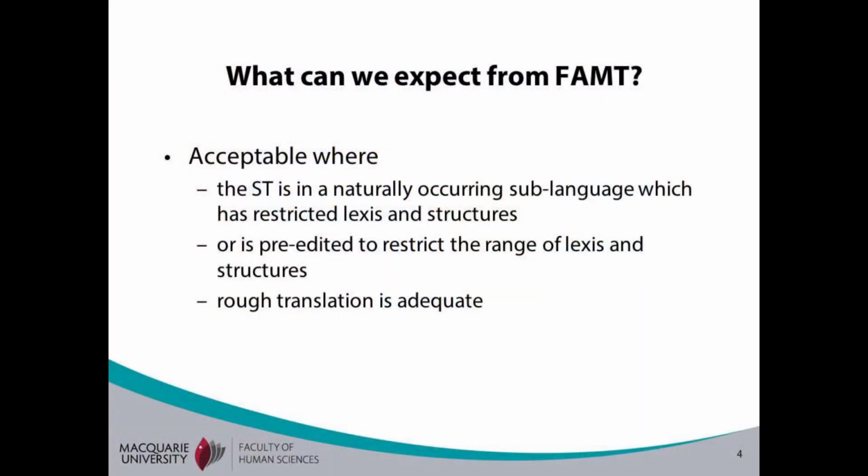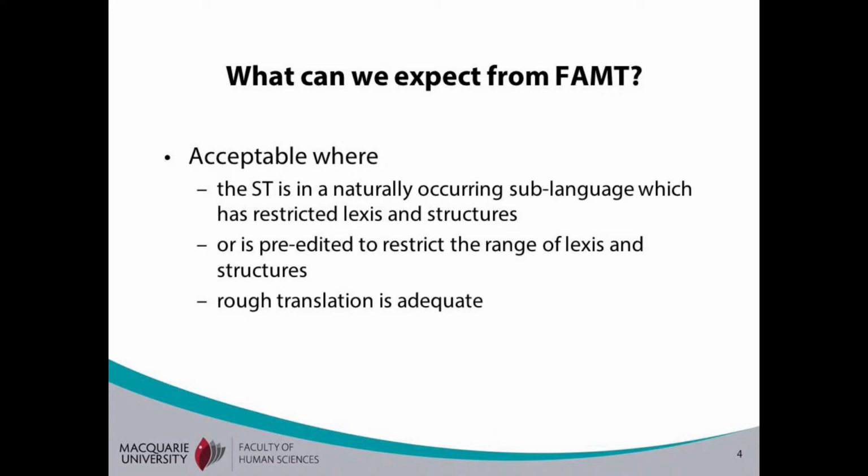What can we expect from fully automated translation? Well, Anne's already given you a fairly good overview, and some of the questions highlighted some of the issues. Generally, fully automated machine translation, that is with no human intervention, is acceptable where the source text is in a naturally occurring sublanguage. By that I mean something that is incredibly restricted, so formulaic type language.